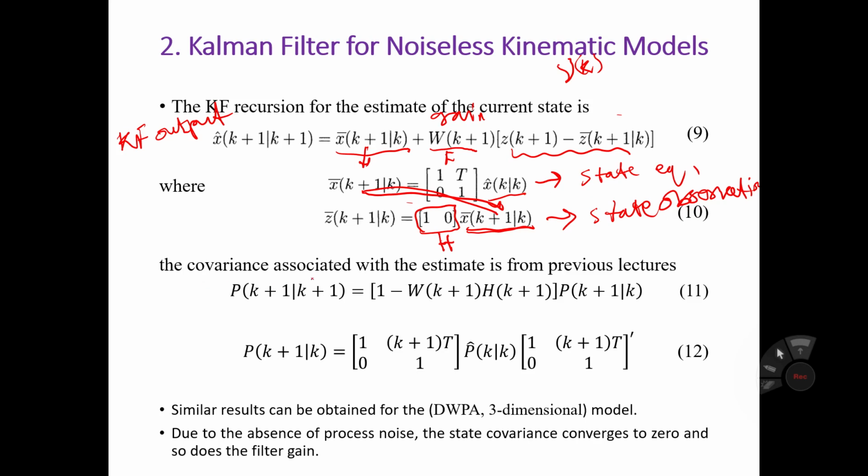And the covariance associated with the estimate is, as you know from the previous lecture, like this one. Again, it is 1 minus the Kalman gain times H of k plus 1, times the predicted covariance. This covariance is associated with this state.